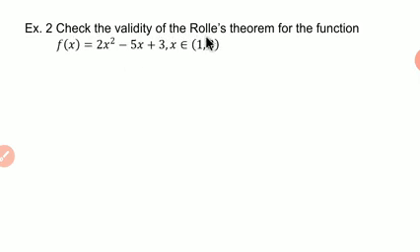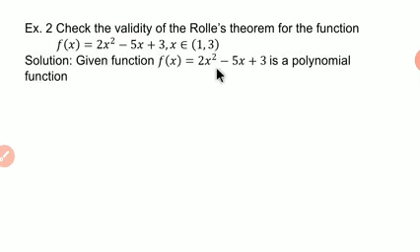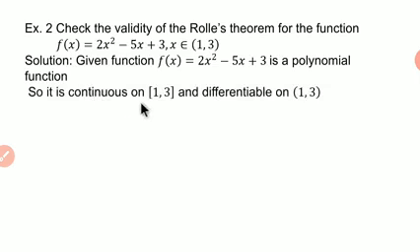Now example 2. Example 2 is check the validity of the Rolle's theorem for the function f of x is equal to 2x square minus 5x plus 3, x belongs to closed interval 1 to 3. Given f of x is equal to 2x square minus 5x plus 3 is a polynomial function. So it is continuous on closed interval 1 to 3 and differentiable on open interval 1 to 3.